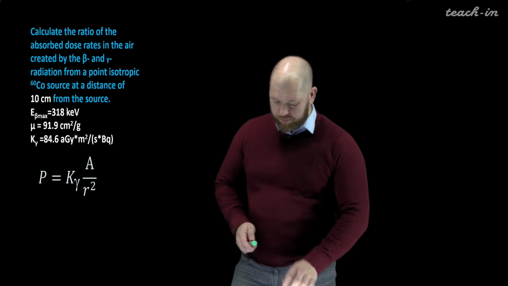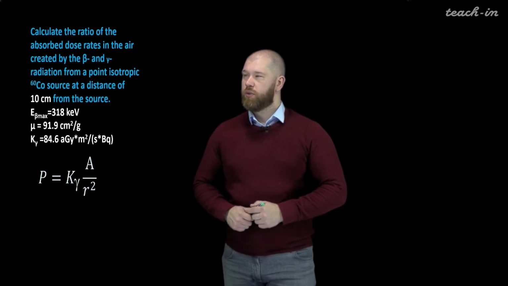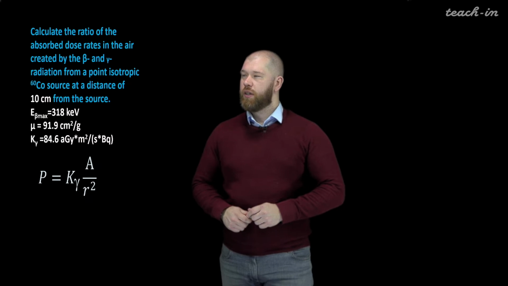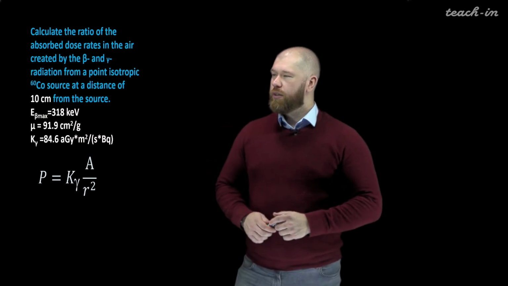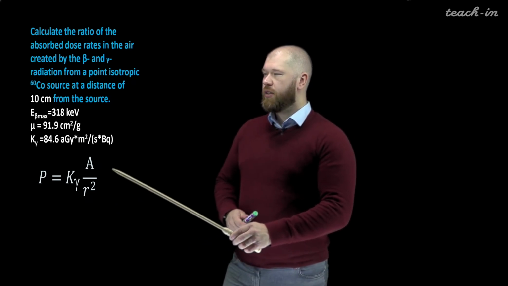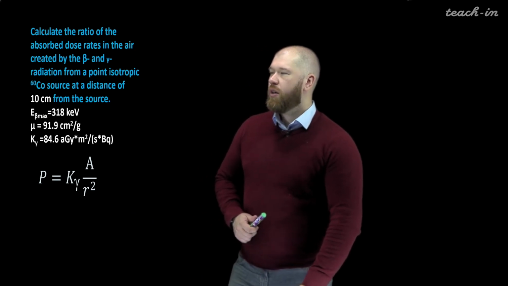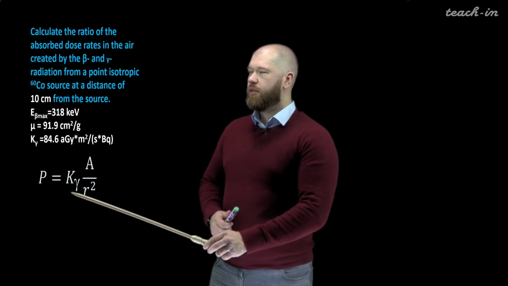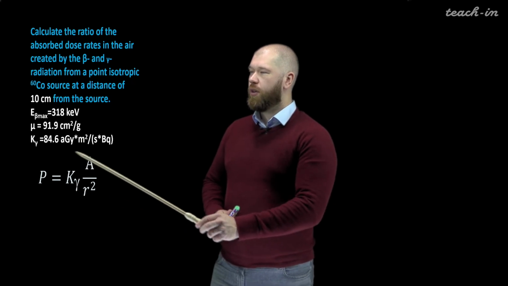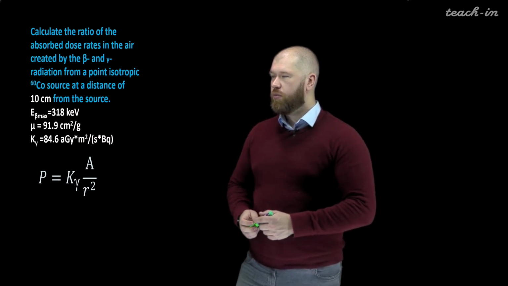So let's calculate our dose rates that are going from beta particles and gamma rays. To solve this task, let's start with the gamma radiation. In this case, it is quite a simple calculation, and we already have this constant for our source. And let's do it.